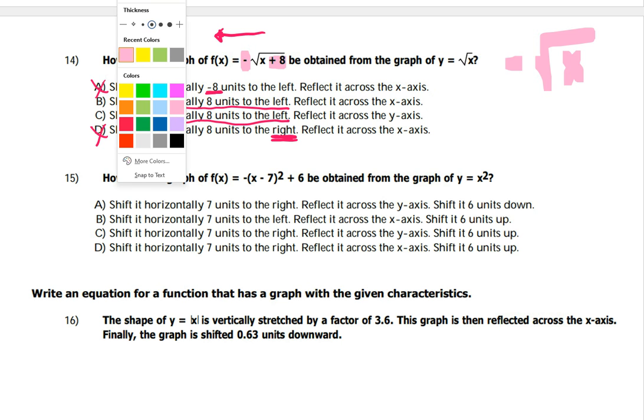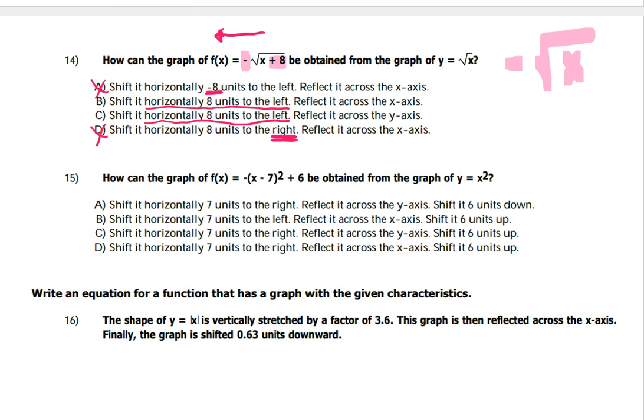That means they are just putting a negative in front of the entire function, which means it flips it around the x-axis, not the y. So that one says y, that's out. It's choice B.